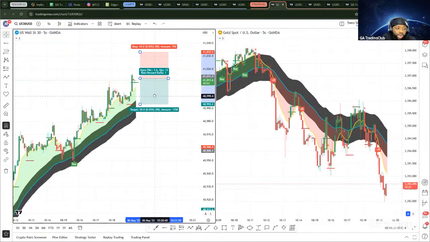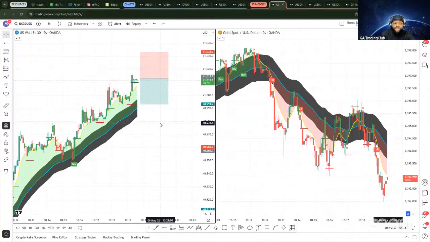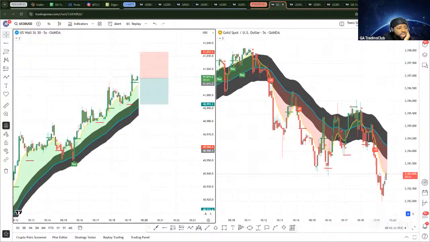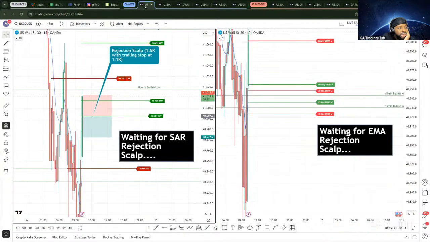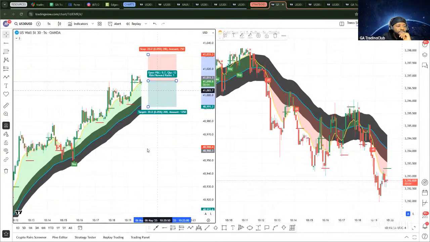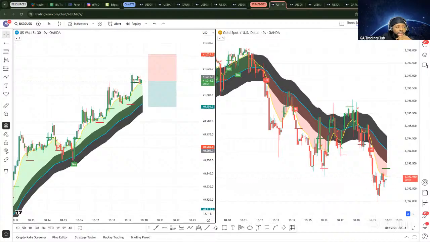So remember, 20 points is nothing for US 30. 20 points is such a small distance, which is why this one is ideally a scalping strategy. And you can see, we're still fine, even though price is still going up. I do know we have that order block up there, but the idea is that price will come back and close below that rejection level that was formed.